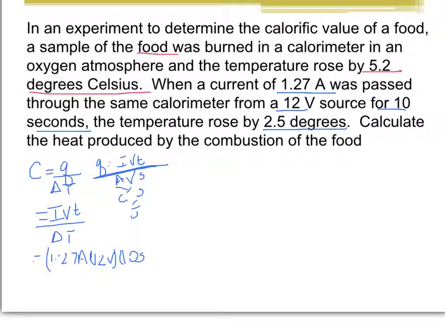Let me rewrite this. Sorry. Alright. Current 1.27 amps. Voltage 12 volts. Time 10 seconds. And the temperature change associated with this is 2.5 degrees Celsius.